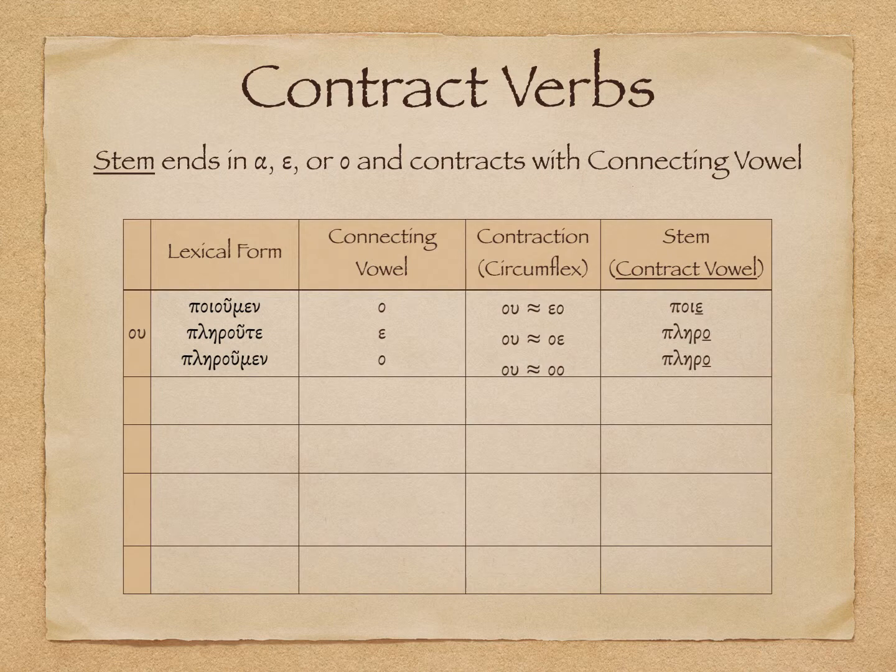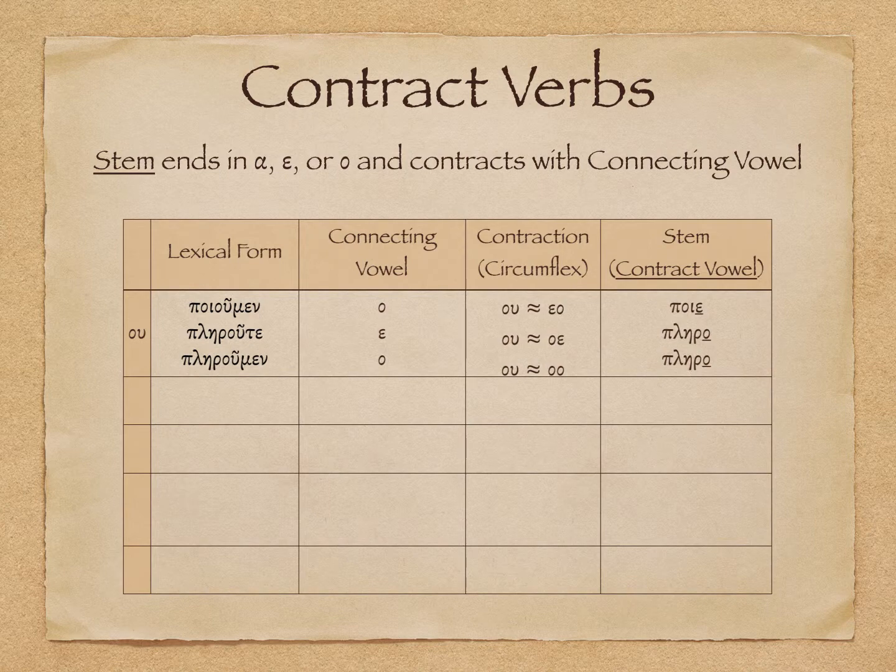Well, how do we know what the stem of the word is, so I can identify the meaning? We identify that stem by looking at the contraction, looking at our personal ending, and from that personal ending we can remember then what the connecting vowel is.